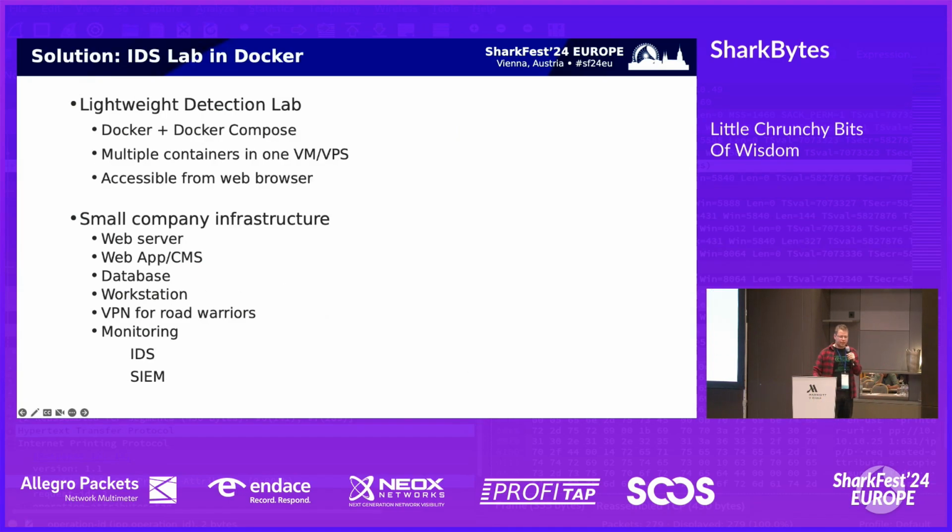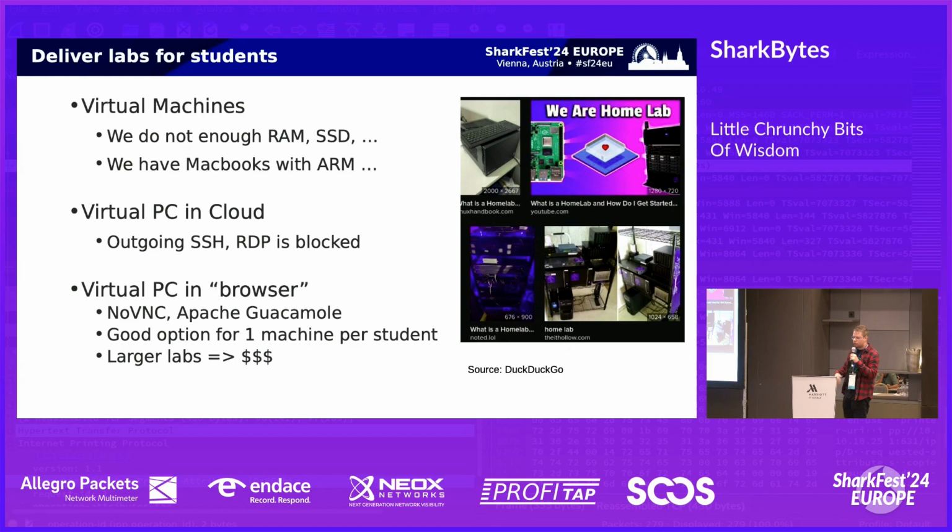But as my labs became more complex, they required a lot more machines to simulate some kind of infrastructure, not only a single PC. In the public cloud, that is a little bit expensive.